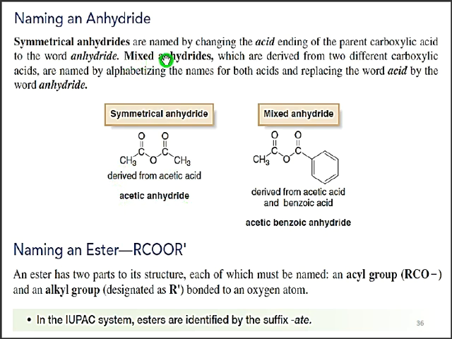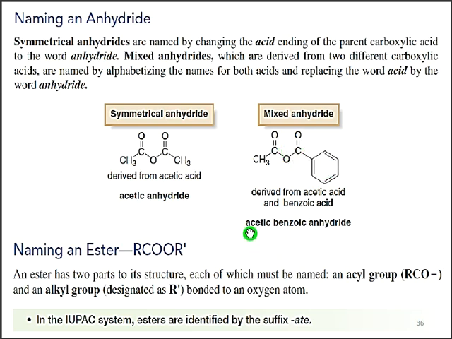And for the mixed anhydride or the unsymmetrical anhydride, which are derived from two different carboxylic acids, are named by alphabetizing the names of both acids and replacing the word acid with anhydride. Look, this part is derived from acetic acid, and this part is derived from benzoic acid.